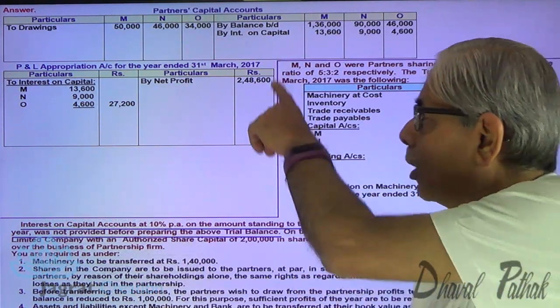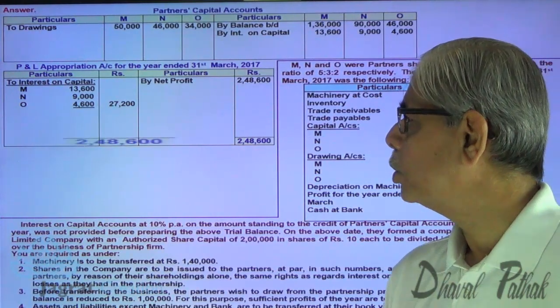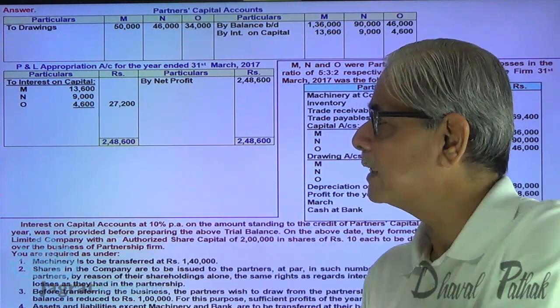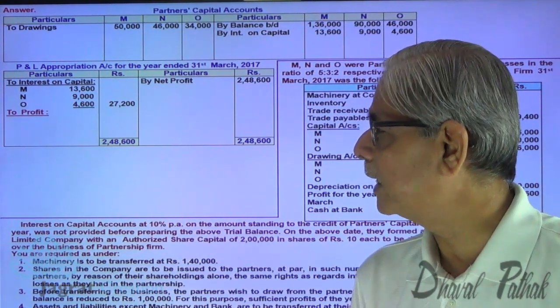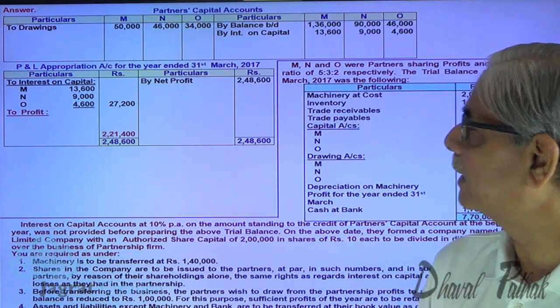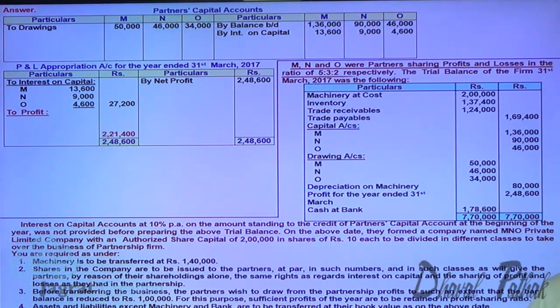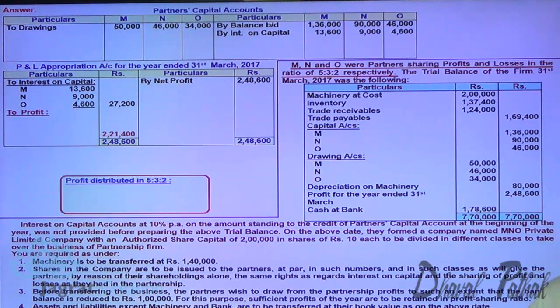Now, from this profit, interest on capital will be deducted. So I will get the profit. 2,48,600 minus 27,200. This is the profit, which I will distribute in the ratio of profit sharing, that is 5:3:2. So this profit is distributed in the ratio of 5:3:2.